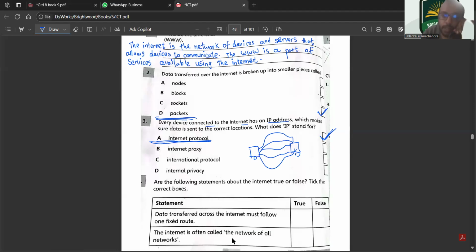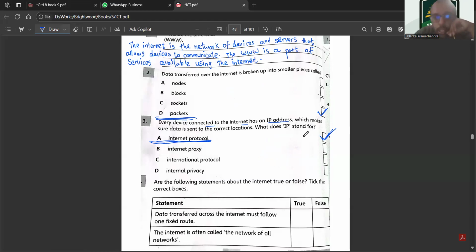Sometimes there are two computers with a path between them. It can be a direct path, or it can go like here, going here and going here. Like that, they have many paths, not a single proper path. So it should be false.